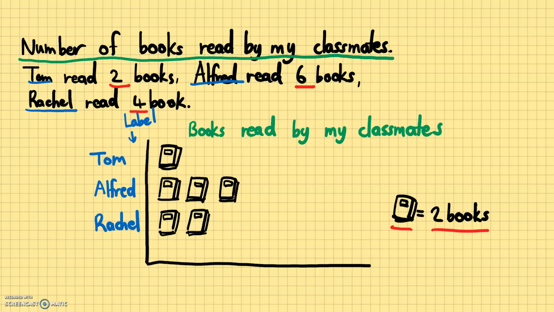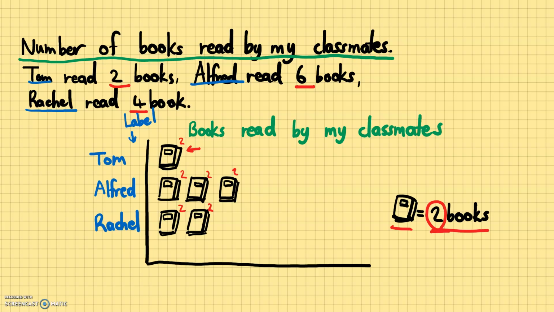Okay, so now from this pictograph we can see Tom read one picture. So one picture represents 2 books here. So we can see that Tom read 2 books, Alfred read 2, 2, 4, 6. So 6 books, and Rachel read 4 books. Okay, so I'm writing these numbers here just to remind you that each picture means 2 books.